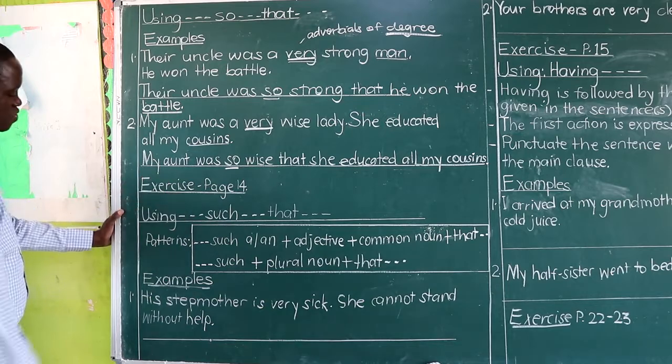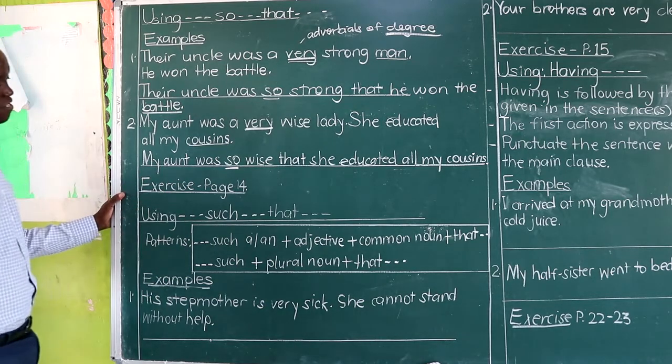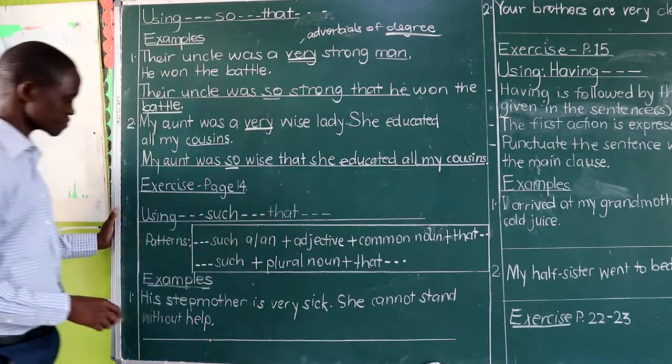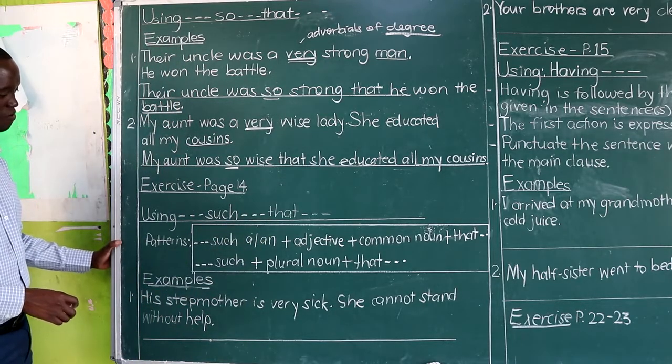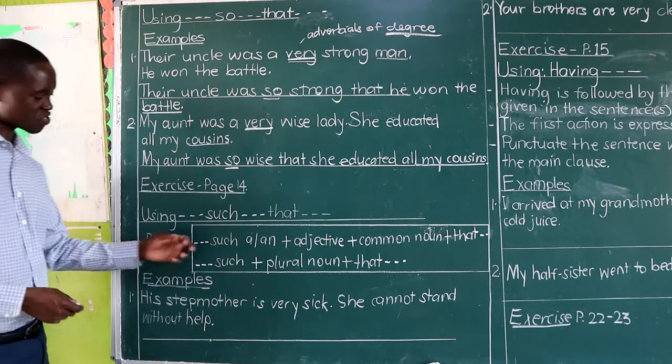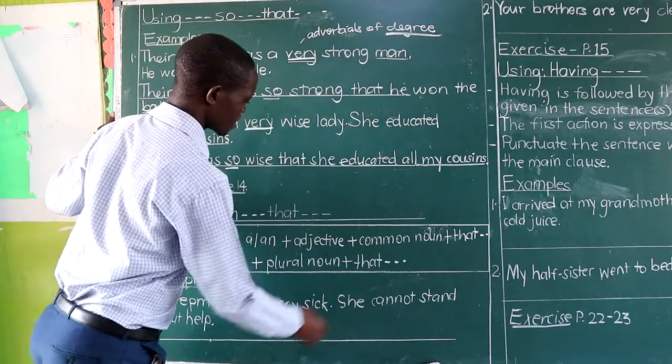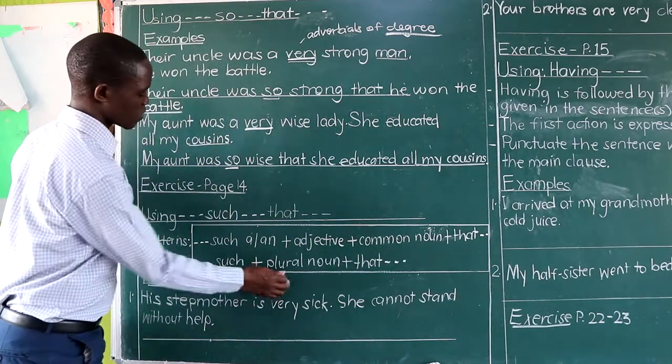We crossed to something strange, which is what we have just ignored: using such that. This structure has two different patterns we can use. One is with a singular noun, the other is with a plural noun.